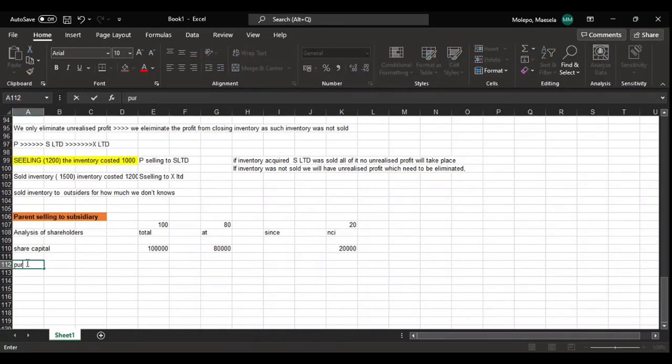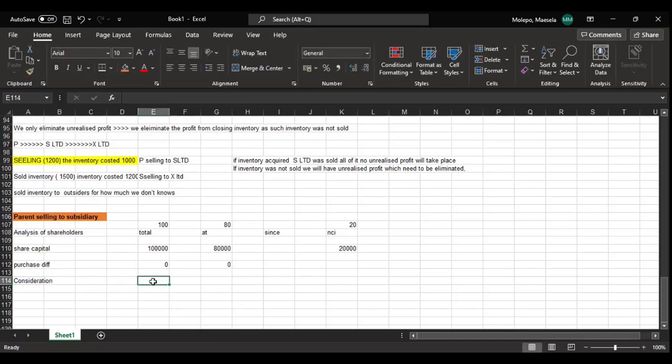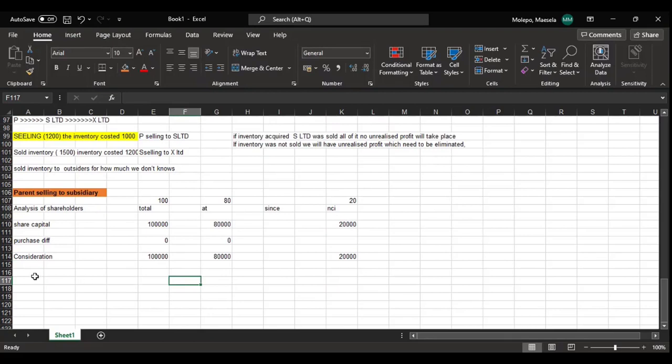I'm not going to explain anything, I'm just copying the solution the way it is, because my assumption is that we already know what's happening here. Consideration 100, 180, 20.